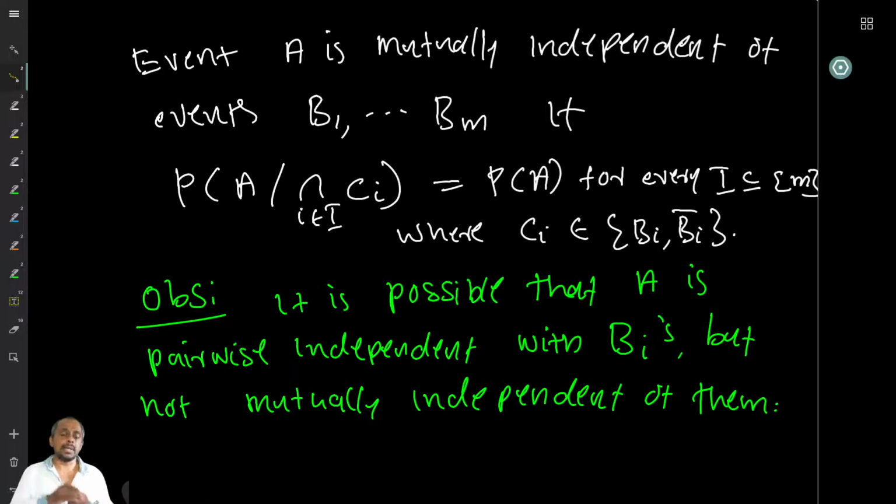So A should be independent of any subset of the events that we are given.